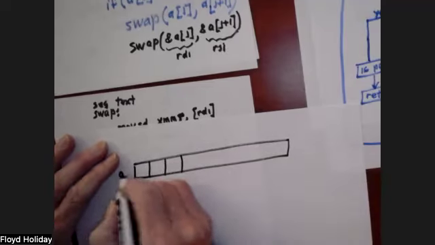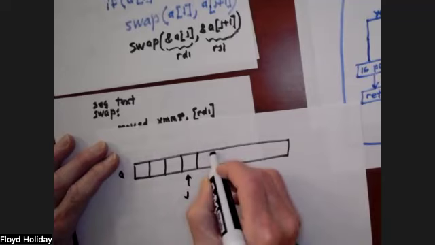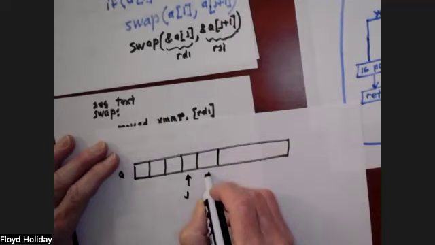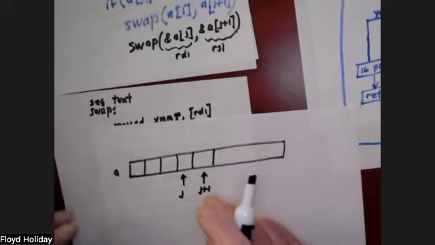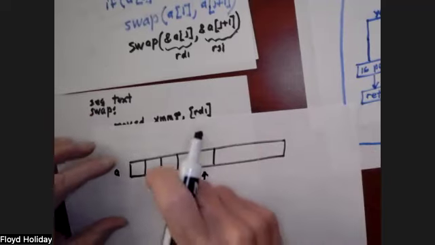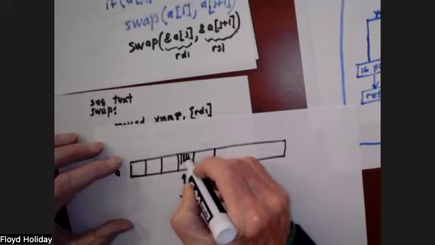The array is A. This one right here is number J, and this one over here is J plus 1. And this is sitting in memory. These are indices, but underneath are addresses. There's 8 addresses for each number.